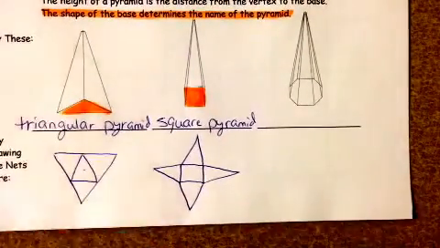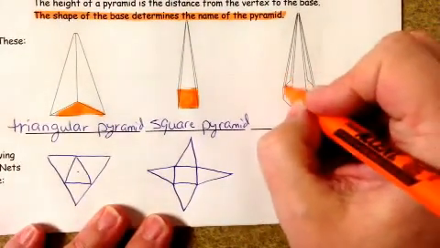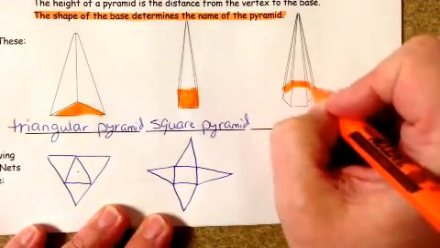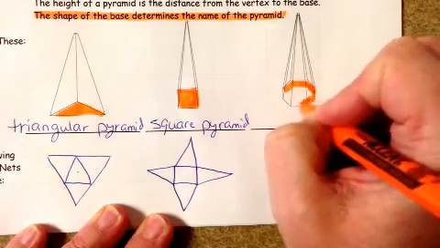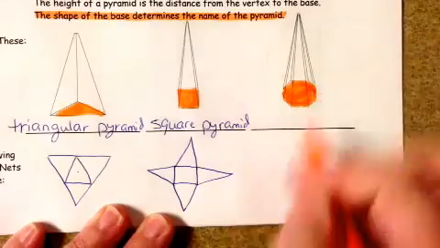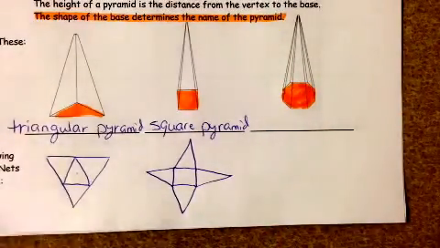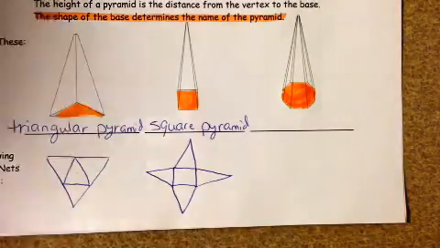And our last pyramid, its base has 8 sides, and an 8-sided polygon is called the octagon. And we name the pyramid by its base. So we're going to go ahead and highlight in the octagonal base. And that makes this the octagonal pyramid.